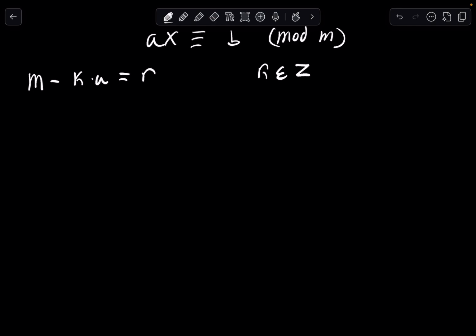And we need K to be some integer times A that gets us as close as possible to M, such that the difference of M minus K times A is less than A. Okay? So this is the very first line we do for the first part.